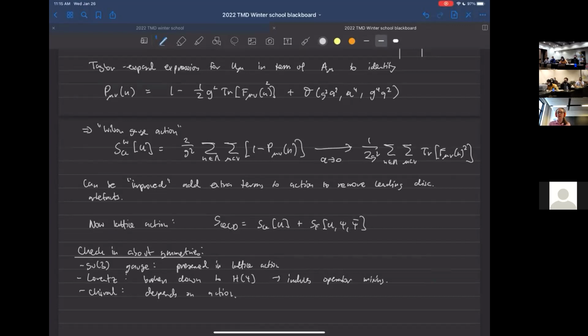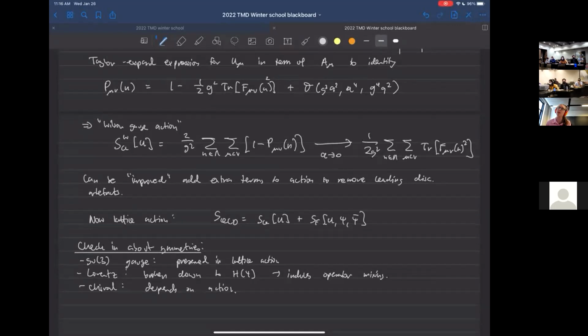Yeah, so the theta term's built out of the F mu nu here. So you can construct it in a similar way to the gauge part of the action. There's been some nice work in the last few years. Any other questions?